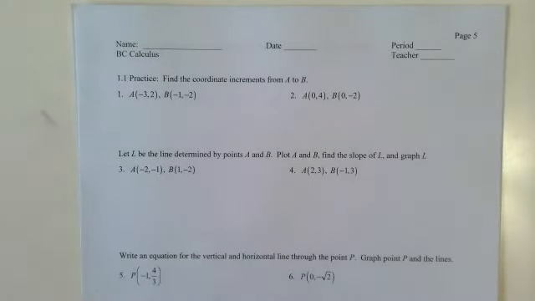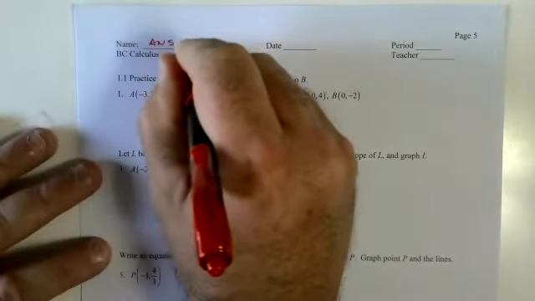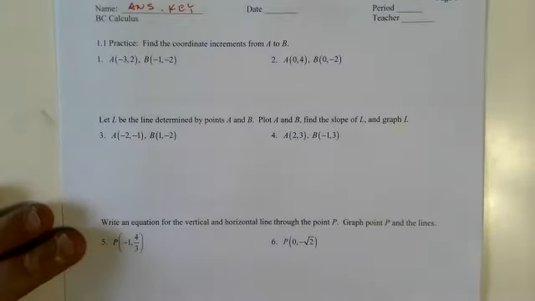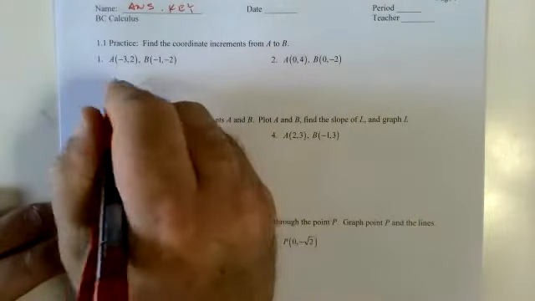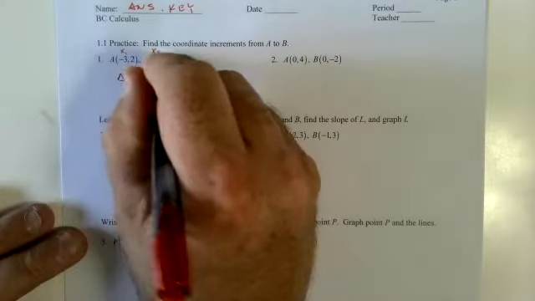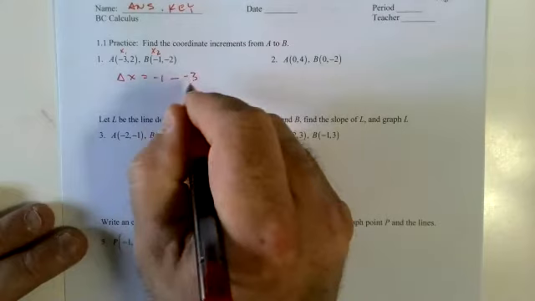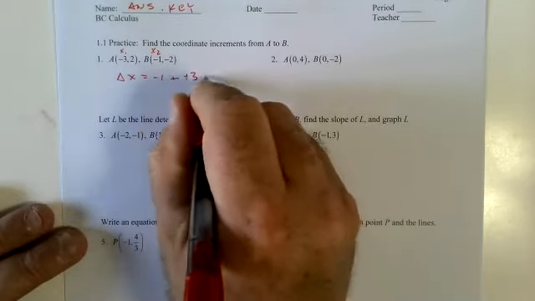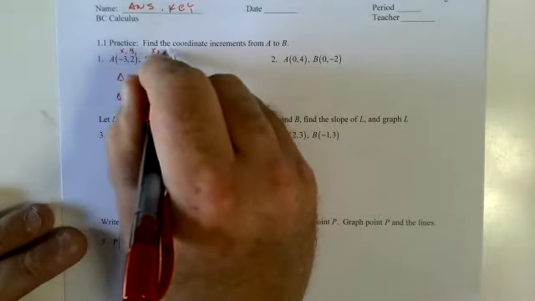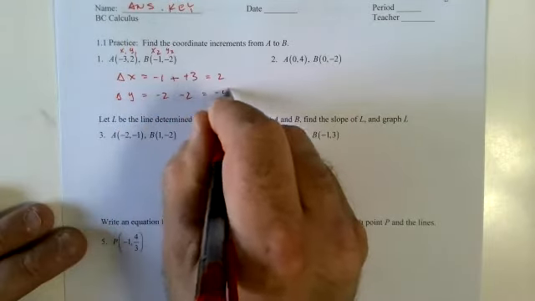So this is an effort to help you with problems. I will work through them, but just in the interest of time, I'm not going to spend years on them. So it'll be quick. It's delta x, and again, I would label these: -1 minus -3, and delta y, -2 minus 2.